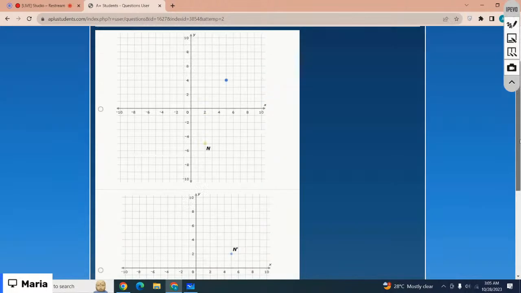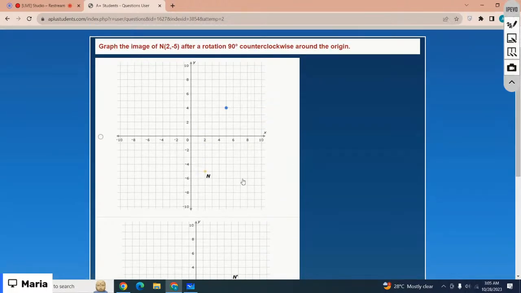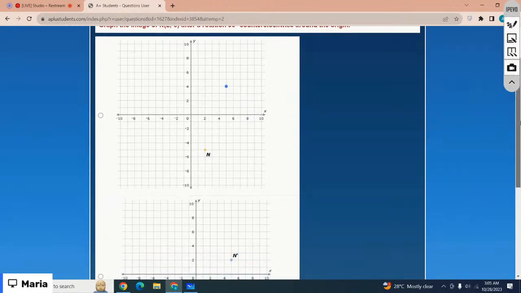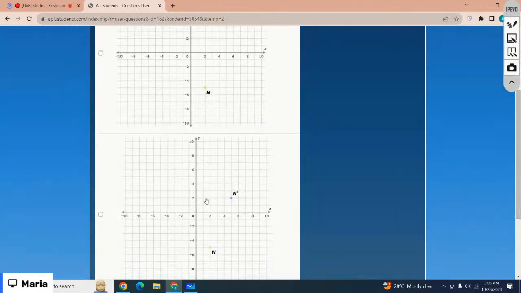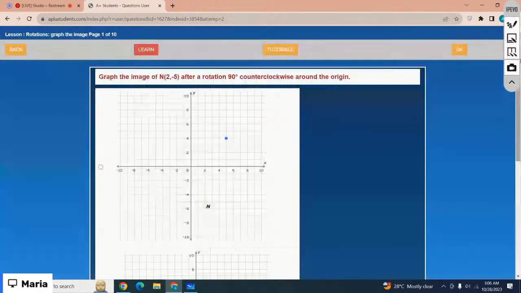Here is N(2, -5). Option number 2 is the correct option. You have to move 90 degrees, right? When you move 90 degrees, option number 2 is the correct option. That is (5, 2). Option number 2 is the correct option.